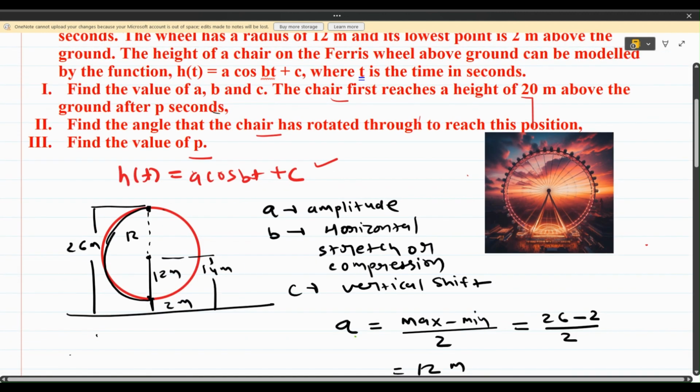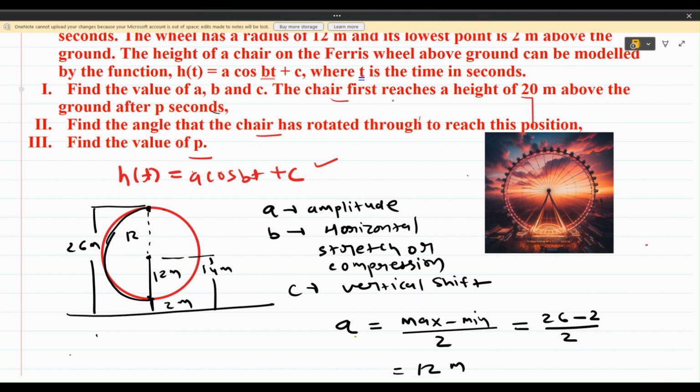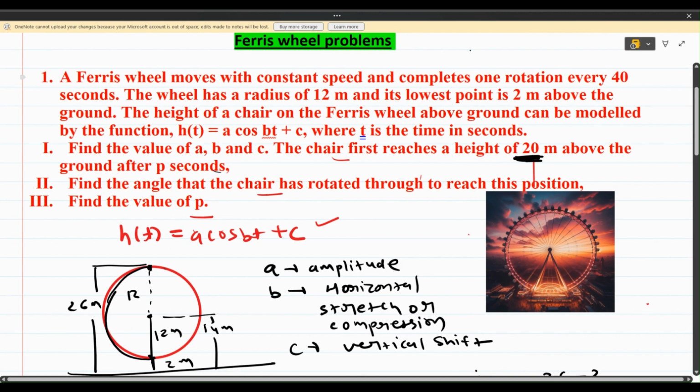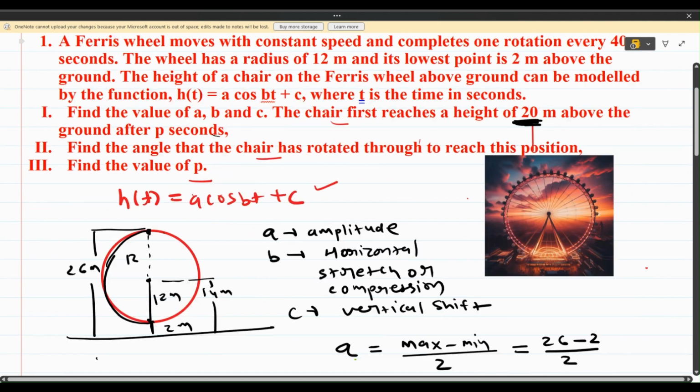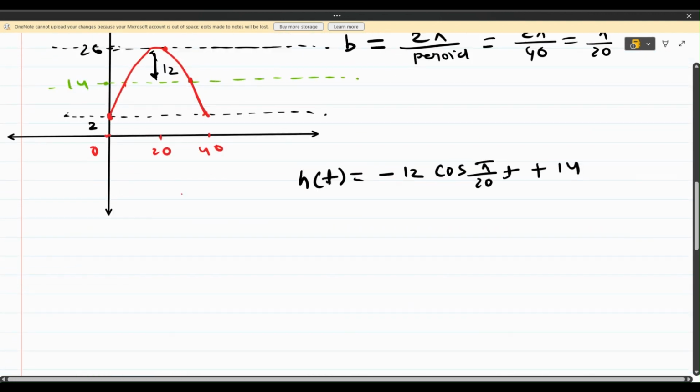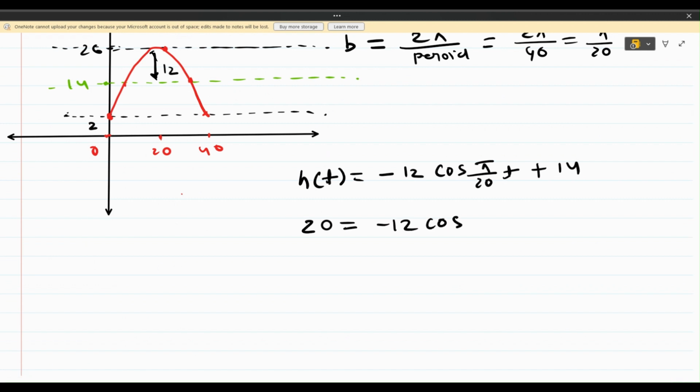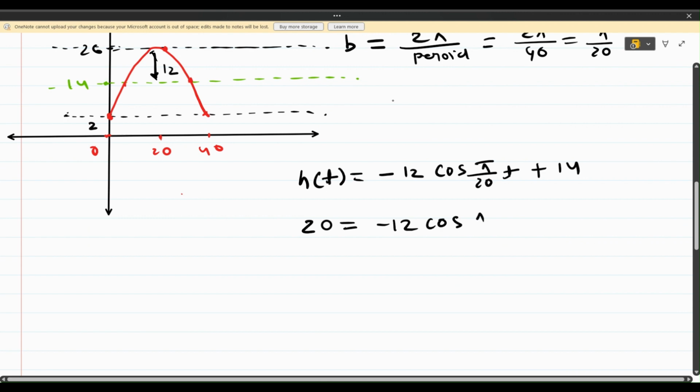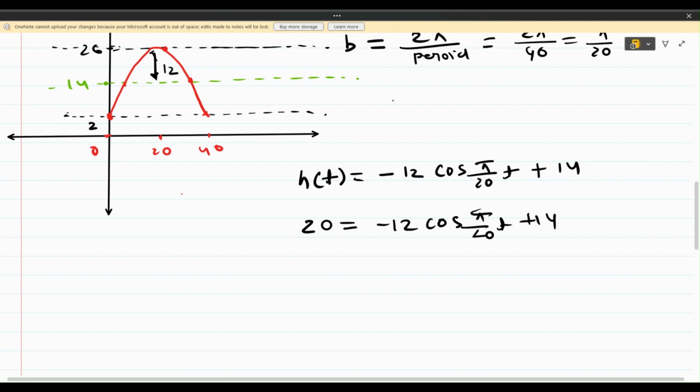Now we have to find the angle that the chair has rotated when the height of the chair was 20 meters above the ground. We use this function to get these values. Let's say it was at 20 meters above the ground: 20 = negative 12 cos(pi over 20 t) plus 14.